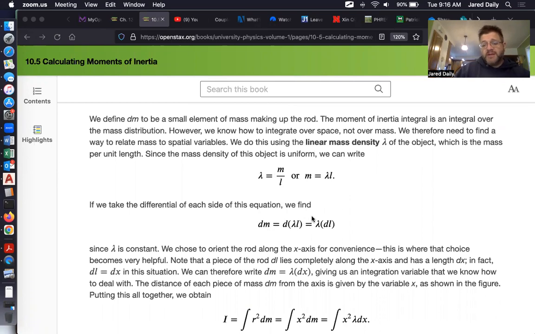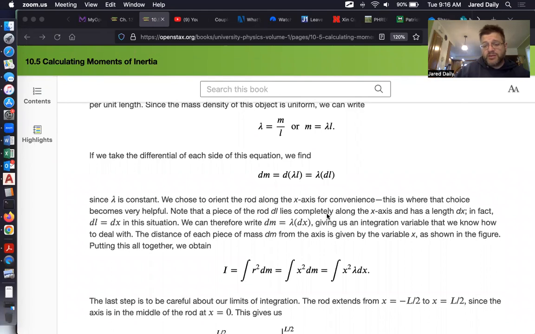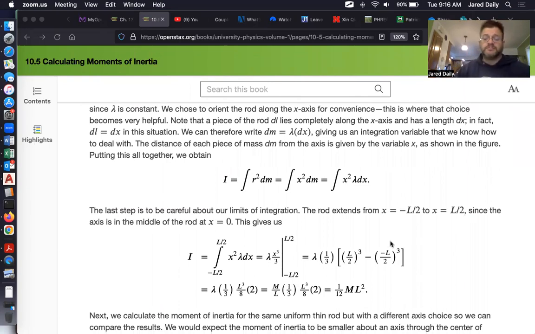Our dm becomes lambda times dl, and dl is actually dx, so we replace dm with lambda times dx. We already discovered that r is going to equal x, so we get x squared lambda dx here, where lambda is a constant, and we know lambda is the total mass over the total length, so we can pull that out in front.